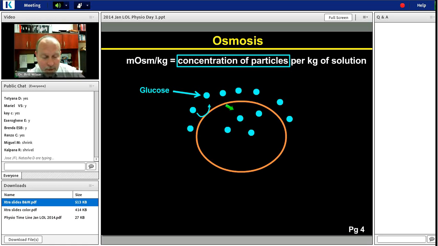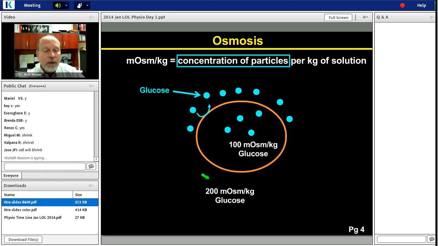All right, let's put some numbers in to work with it. Let's just say that it's 100 milliosmol per kilo glucose inside and 200 milliosmol outside. Is everybody okay with that? Because I have twice as many on the outside as I have on the inside. So I'll just make the concentration twice. Make sense?